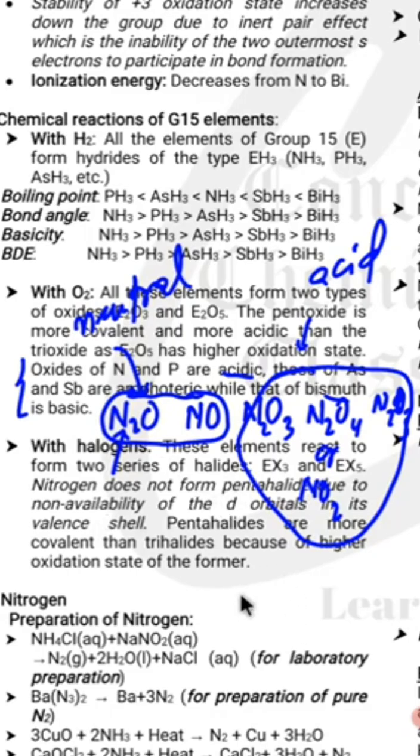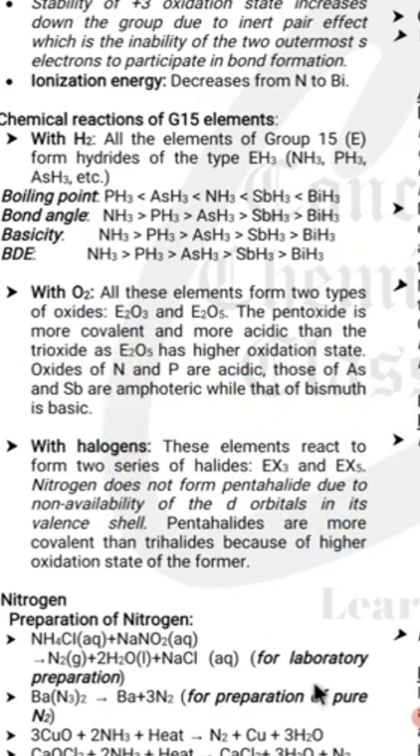Now let me go to the next property, that is reactivity of group 15 elements with halogens. With halogens, they form two halides, that is EX3 and EX5. For example, PCl3 and PCl5.